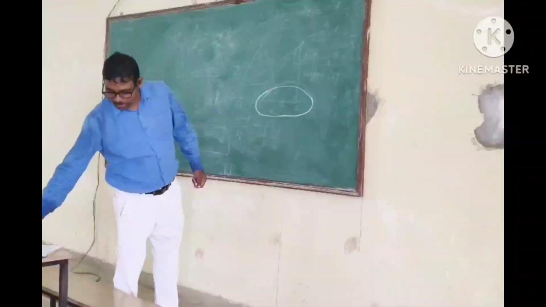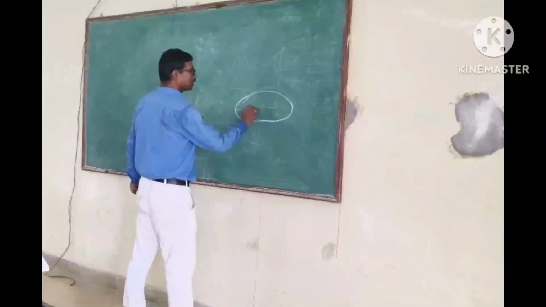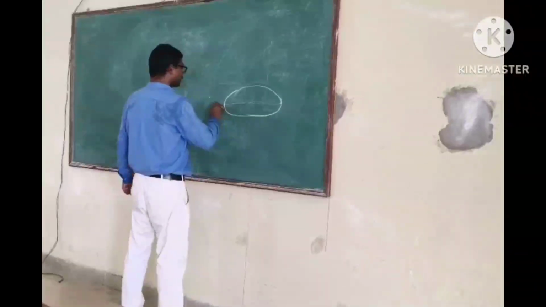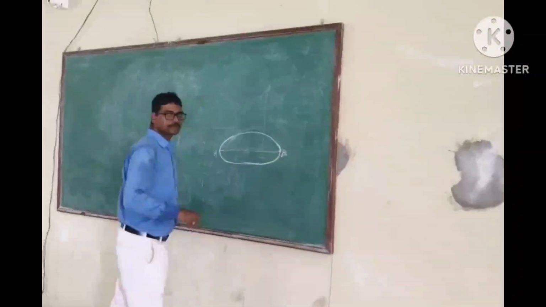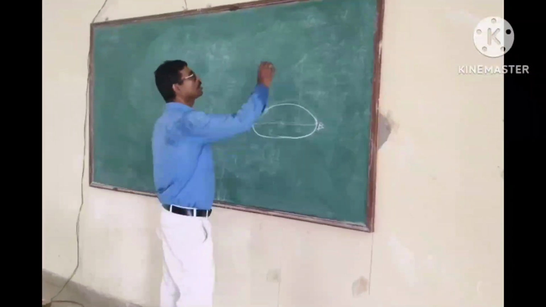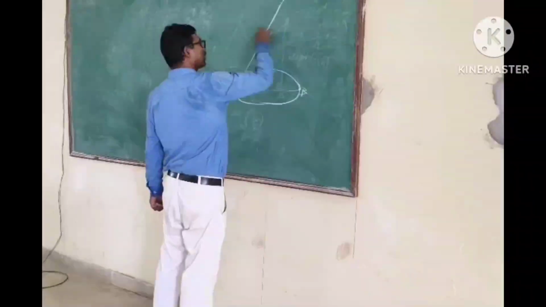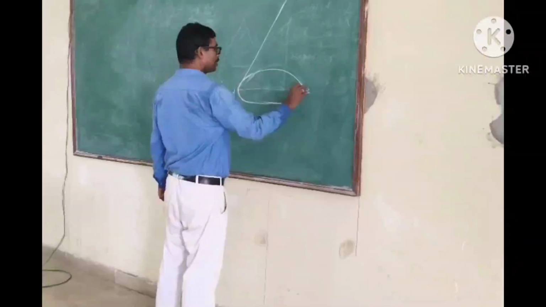The position of the Earth is here. It is the diameter of the Earth, A, B, and suppose the Sun is there. It is nearby the Sun. So what will happen?